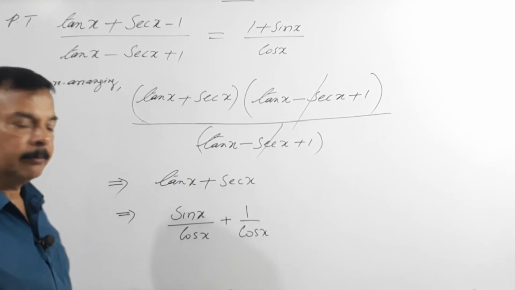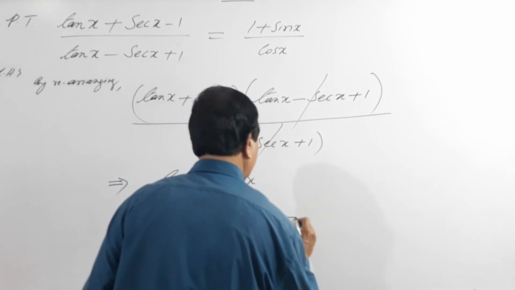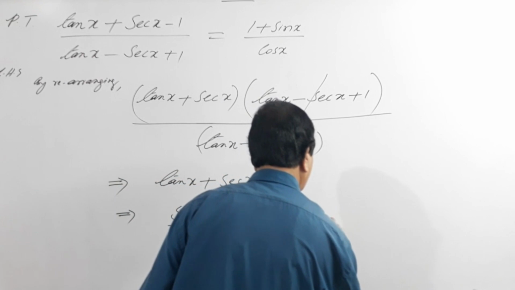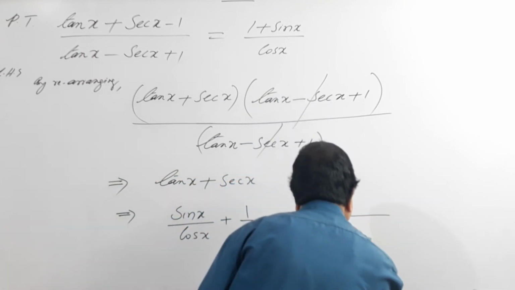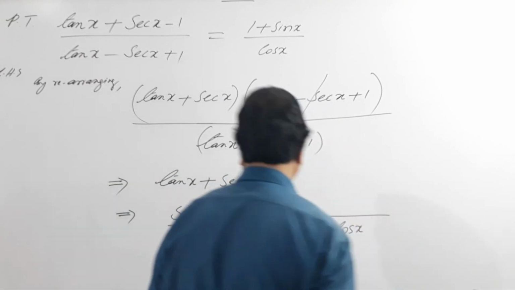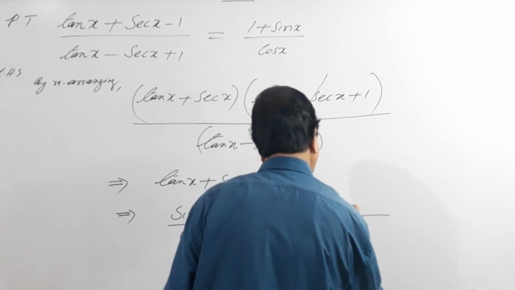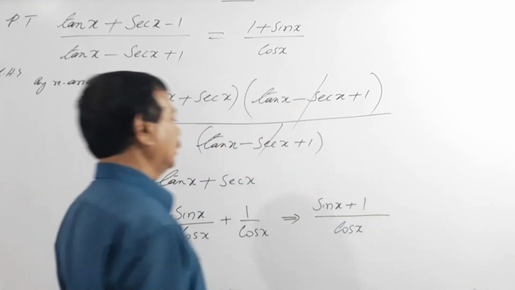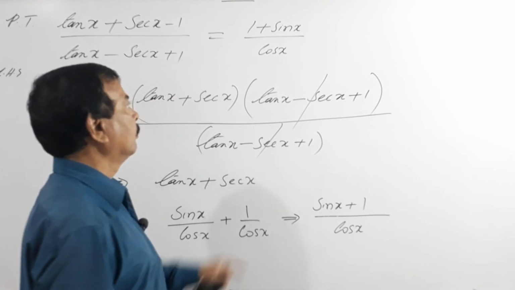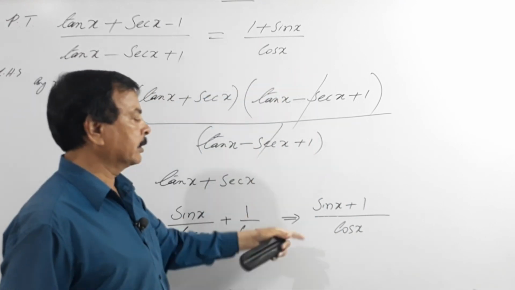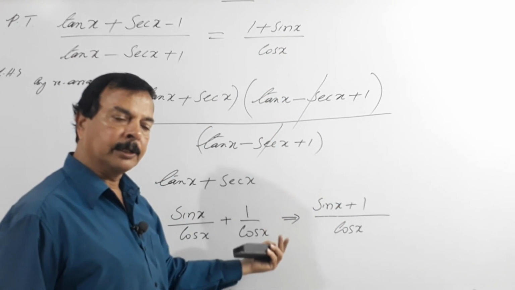So take LCM. LCM is cos x. So this becomes sin x plus 1 by cos x. What he wants? 1 plus sin x by cos x. So a plus b. So rearrange it, you get it.